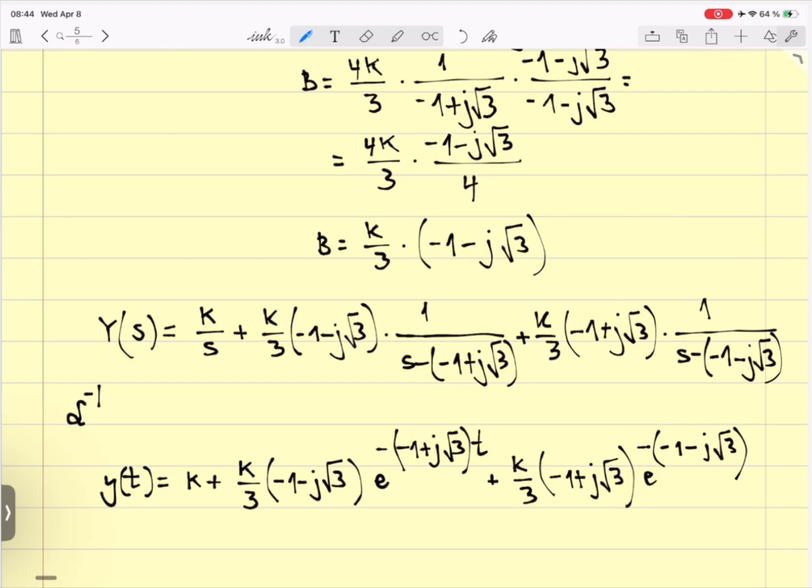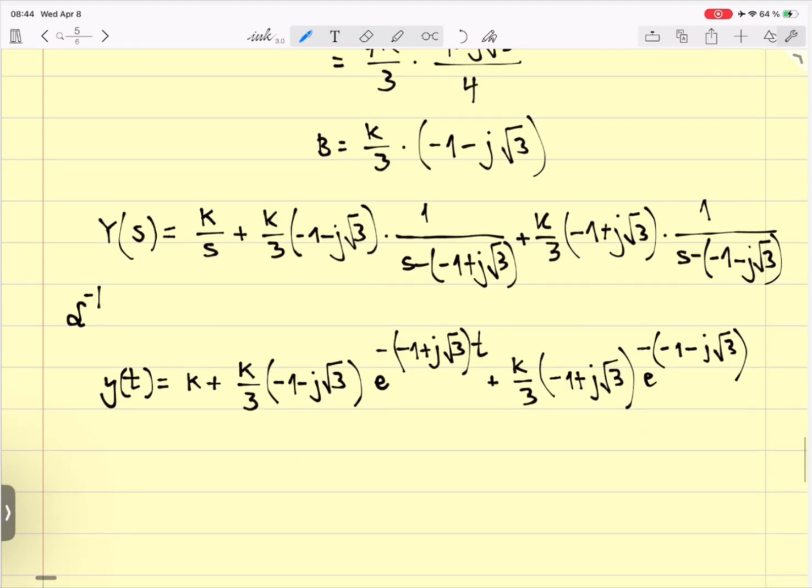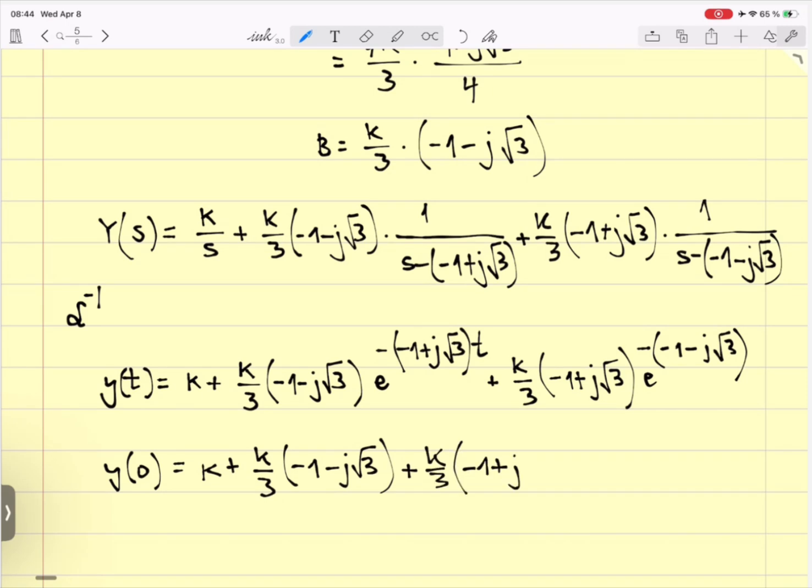So the behavior, if we do t0 for e equals 0 is k plus k divided by 3 minus 1 minus j, the thing is 0, and then plus k divided by 3 minus 1 plus j.